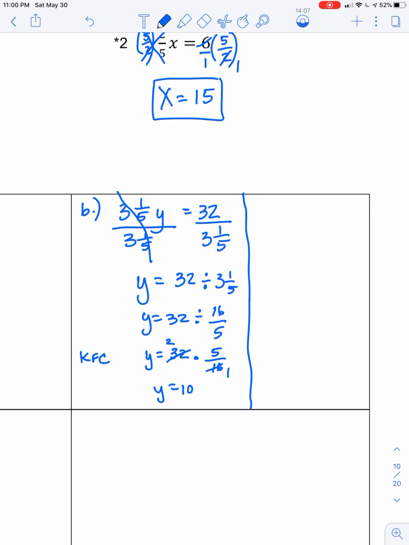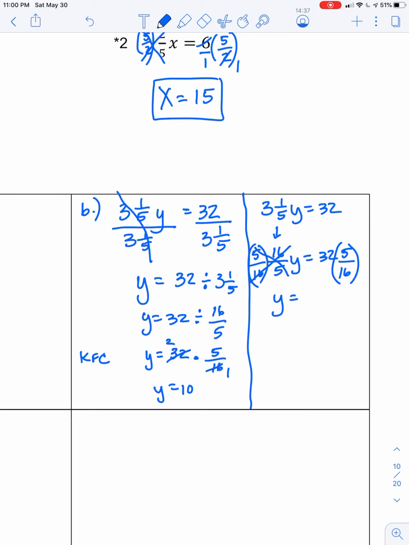Okay, over here I want to show you why I would use the other method. So we had 3 1/5 y equals 32. I'm going to change this to an improper fraction to start with. So I'd have 16/5 y equals 32. I'm going to multiply by the reciprocal right here. So look what step that is. If you can find it, actually, let me do this one and then you'll see it.